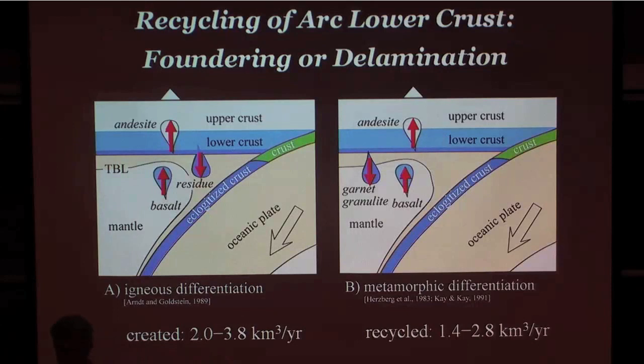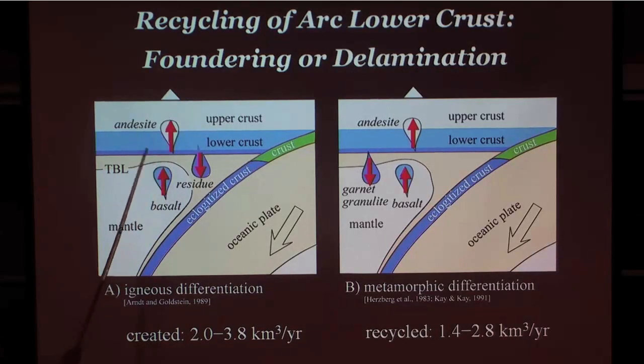Okay, so to speak to Quentin's question, we're going to talk about what happens to continental crust when it's made in arcs. So this is the kind of common thinking about how, at least as a major process, the melt that comes out of the mantle gets transformed into continental crust. And the idea is that there's melting of the mantle wedge, and this material is basaltic, and it ascends because it's hot and buoyant.